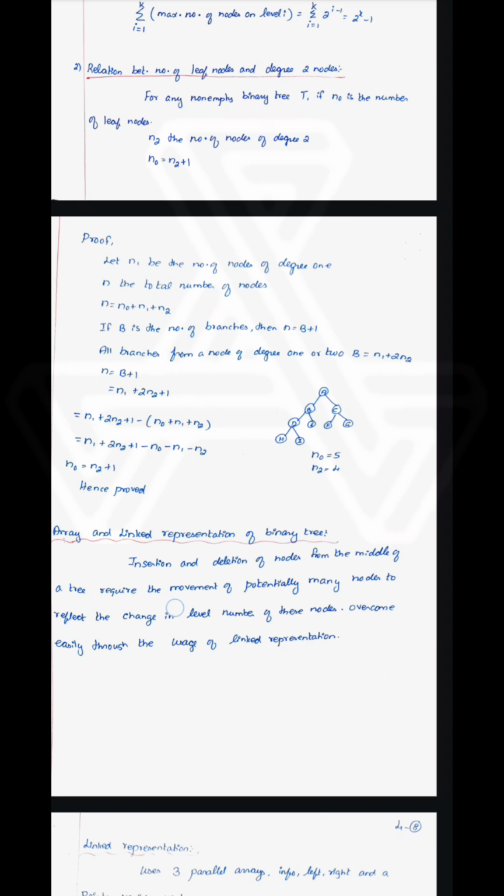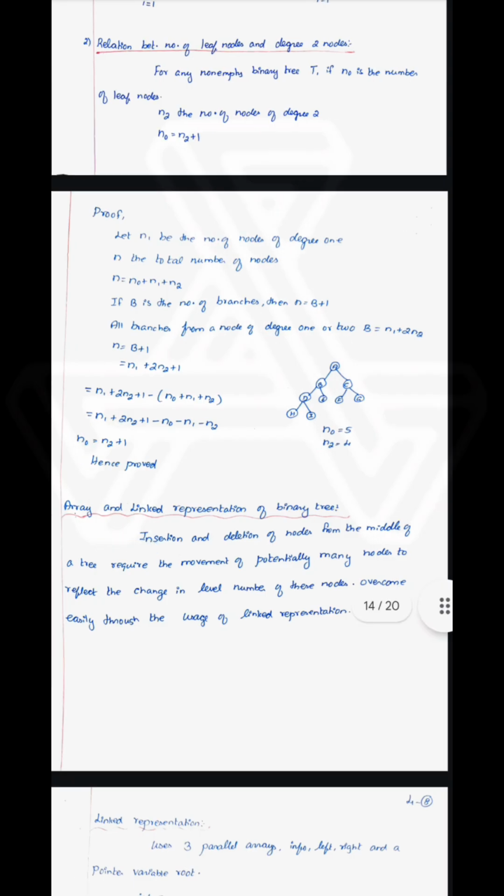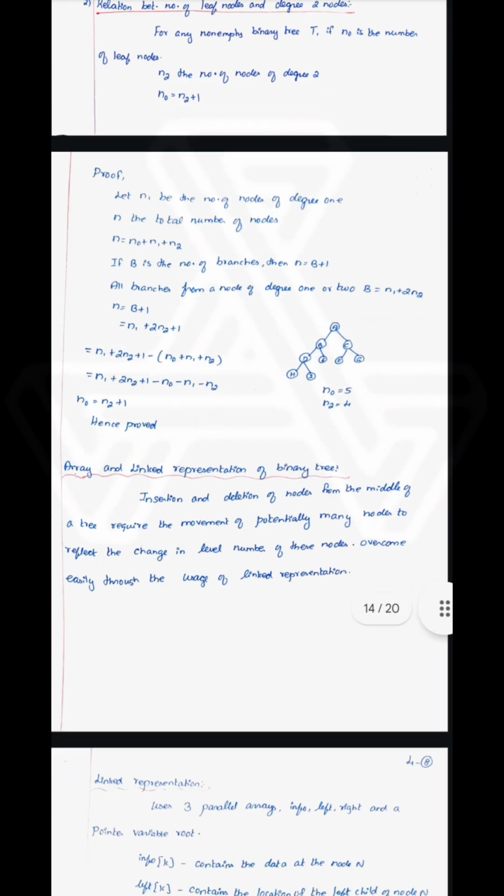So n1 plus 2 n2 plus 1 equals n0 plus n1 plus n2. Hence n0 equals n2 plus 1, hence proved.